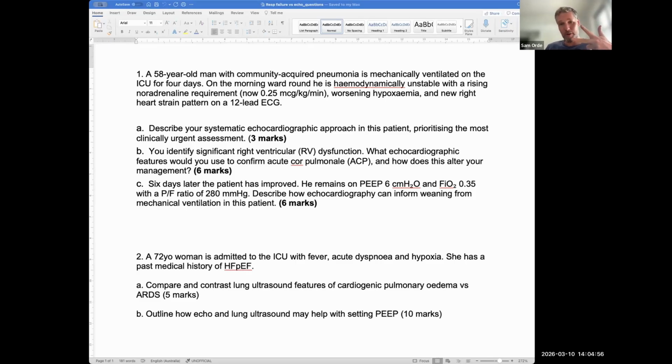Could be the disease process itself. Could be a pneumothorax again because of us with the mechanical ventilation or lines or whatever. And then also RV dilation with systolic anterior motion. That is unstable with rising NORAD requirements, sort of tells you that there's like an acute process going on there.